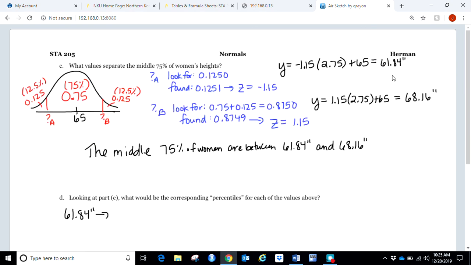So what percent of our data is below 61.84 inches? That was this value we were finding on our chart. So 12.5% is actually what's below it. So this value would actually be the 12.5 percentile, because we have that 12.5% below it.